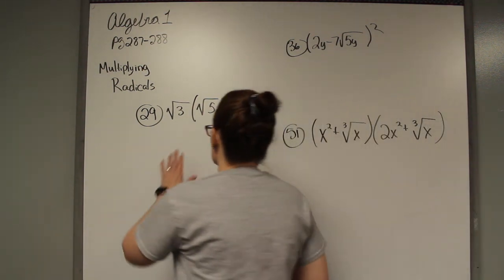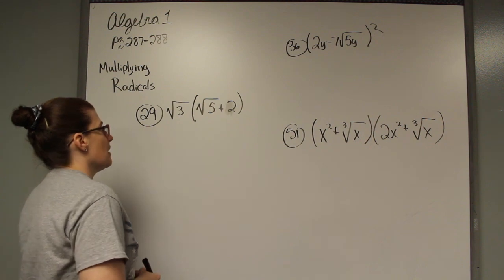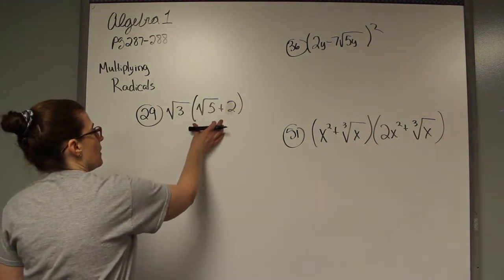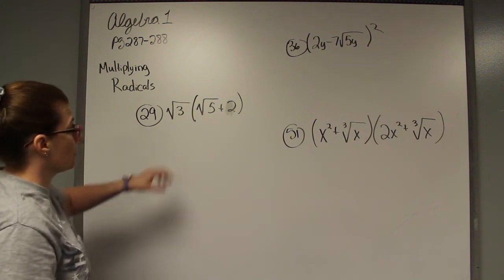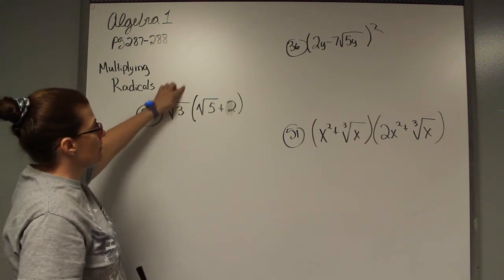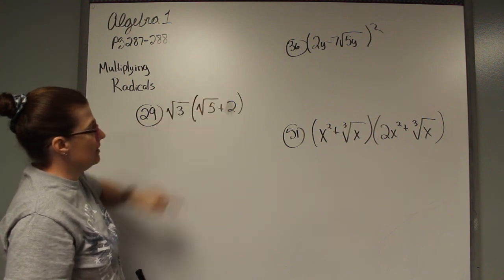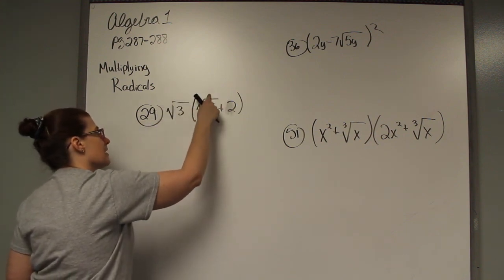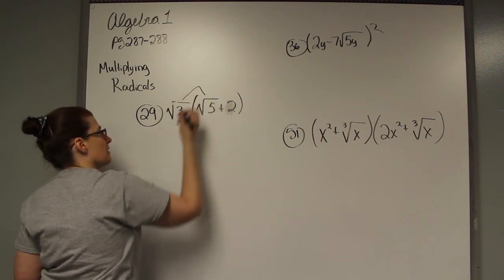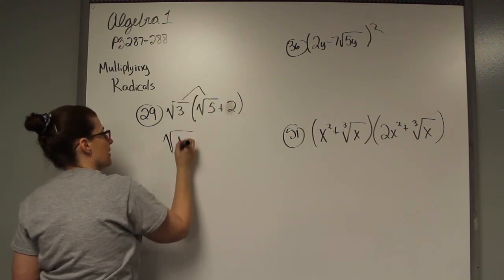But before we get there, there's one other application of multiplication, which is like the distributive property, where this on the outside needs to get multiplied to this and that. So radical 3 times radical 5 is going to make radical 15, and it's a square root.